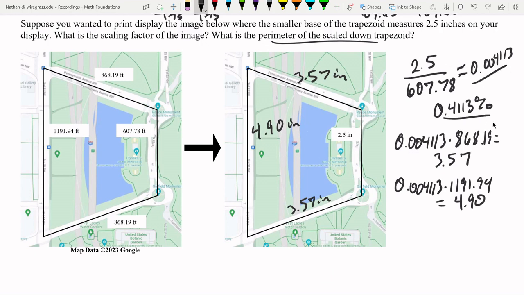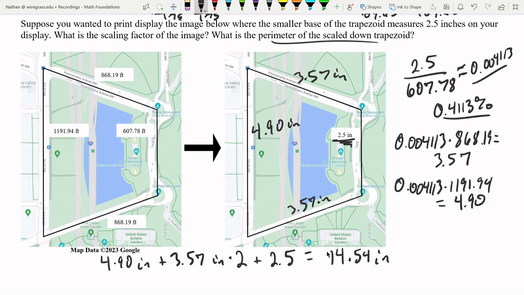Or the percentage. And what is the perimeter? That's just going to be 4.90 inches plus 3.57 inches. There's two of them though, so we're going to multiply that by 2. And then plus this 2.5 inches, that was the fourth side there. And that gives us a total perimeter of 14.54 inches.